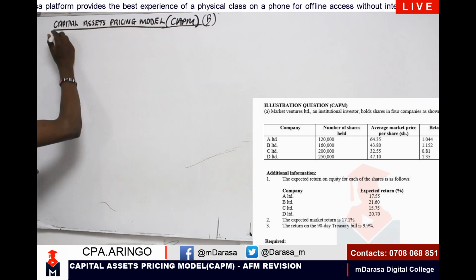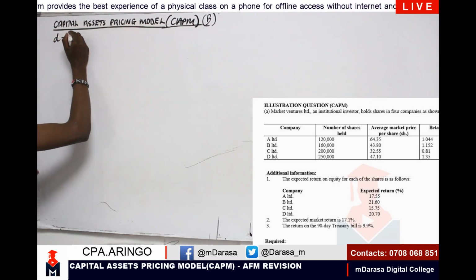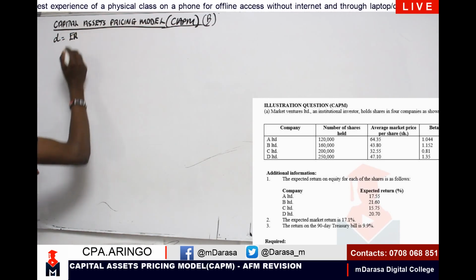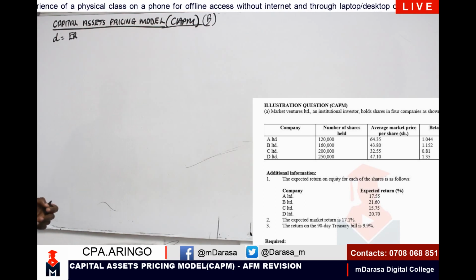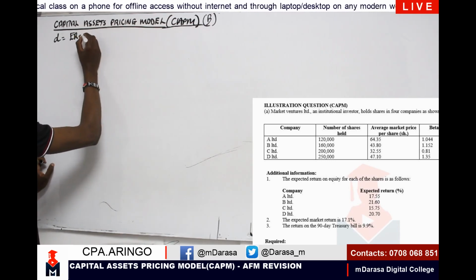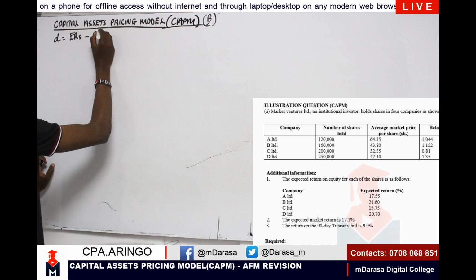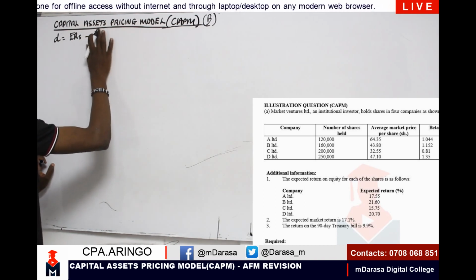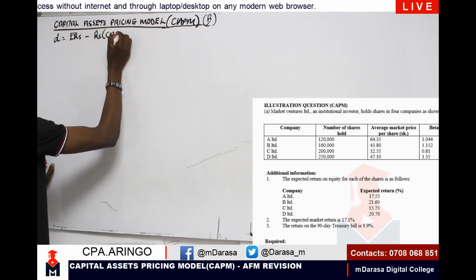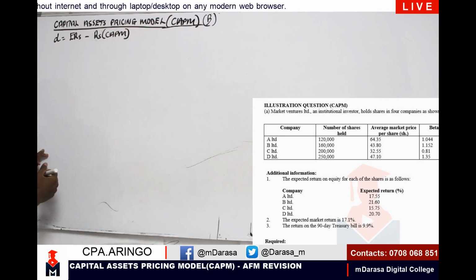And to determine the worth of our investments, we've said ideally I should be having the expected return of our securities minus the return of our security, that is CAPM. That is what we should have in mind here.